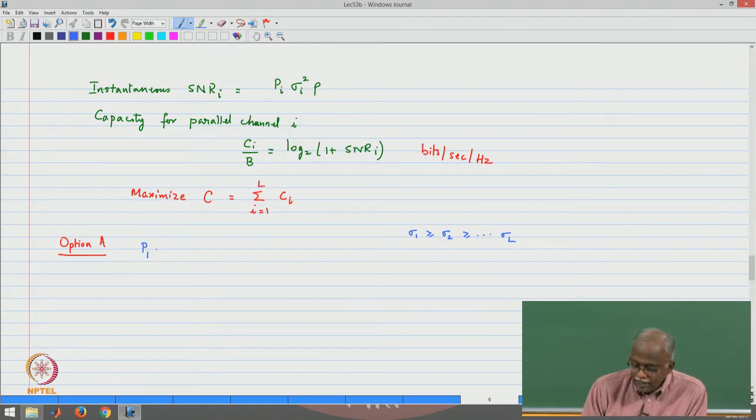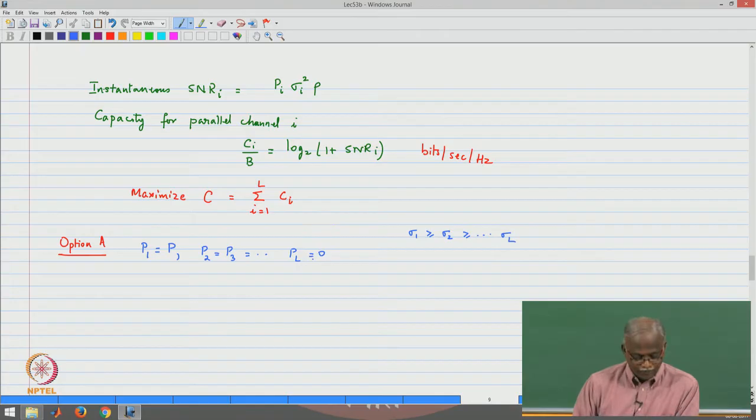So, P1 means the power allocated to the best channel or the best of the parallel channels. Notice that I am going to allocate all the power to channel number 1, and of course, this would mean that P2 equal to P3 equal to PL will be equal to 0.